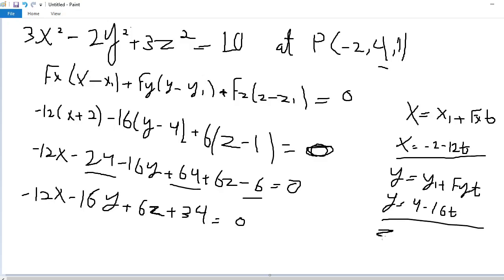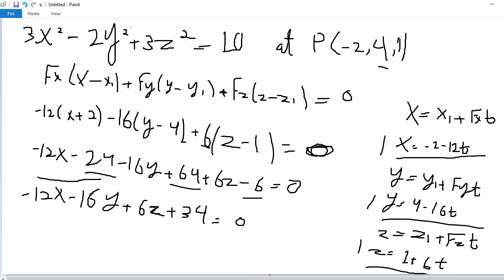The final part of this question is the z. So z is going to equal z1 plus fz times t. Okay, so z1 is 1, plus the fz here is 6. So 1 plus 6t.